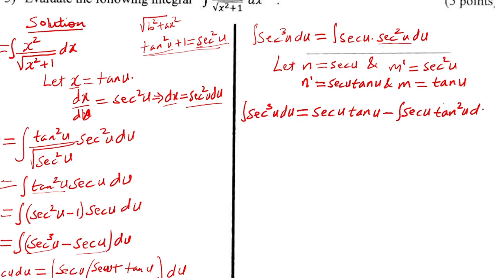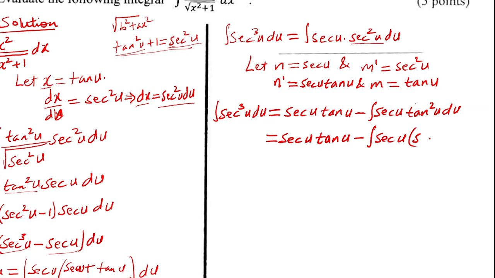But we know tan square u is equal to sec square u minus 1. So it is sec u tan u minus the integral of sec u times sec square u minus 1 du.